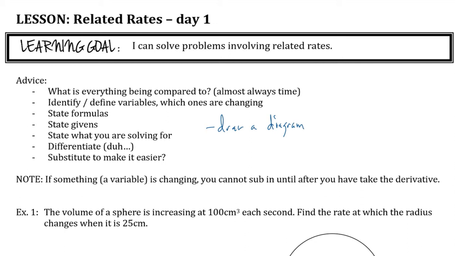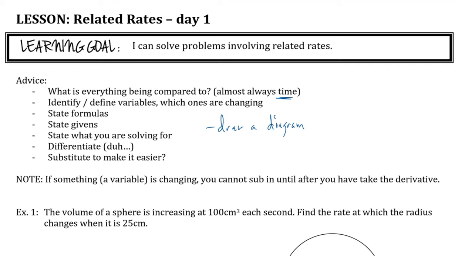So once in a while, things are being compared to lengths as opposed to time, but it almost always is time, and you will be able to tell what everything's being compared to by the rate that you're given. You're always going to be given some rate, and you can look at that rate to see what things are being compared to, and that's going to be important. I'll talk more about that when we get into the first example.